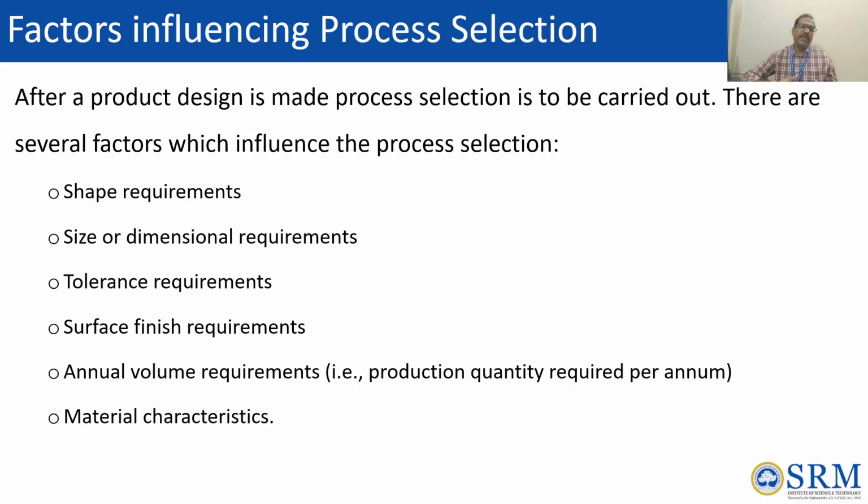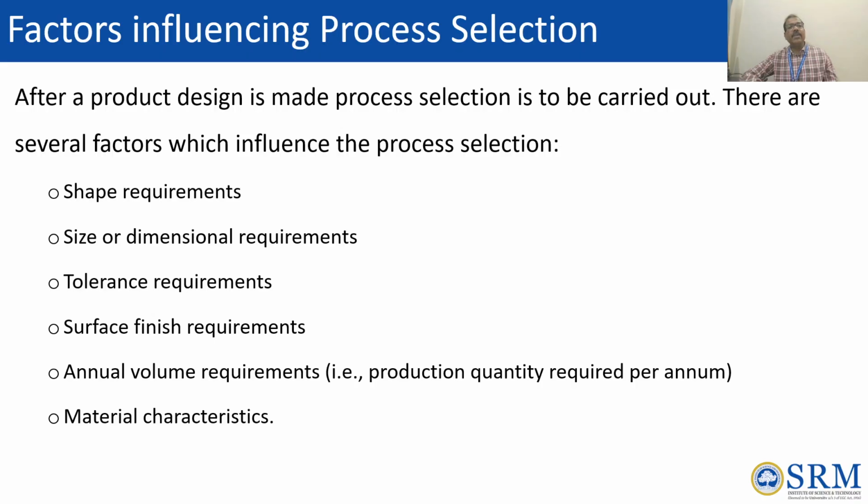Whether the material has flammability, or a brittle nature, or what is the density of the material. The material has many characteristics, and each and every characteristic may be important in deciding what kind of process we are going to use. These are very important for choosing the process selection. So we should have a clear idea about the product. It's not about the design alone.